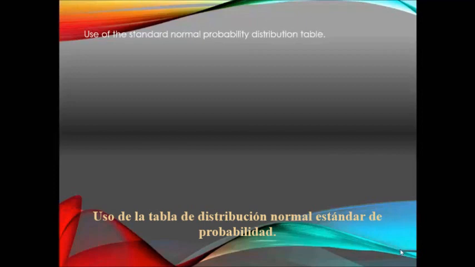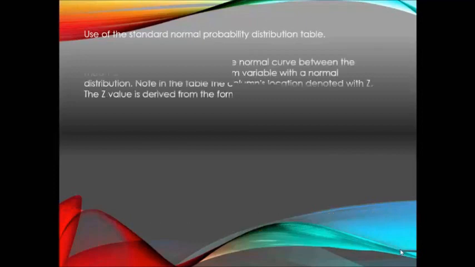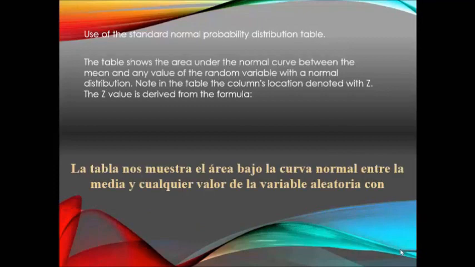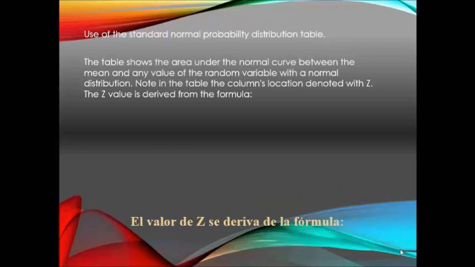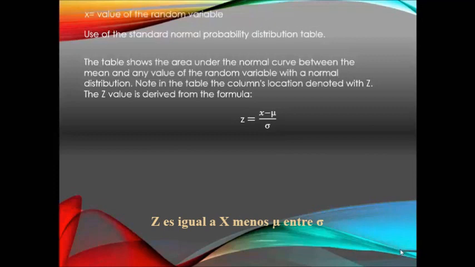Use of the standard normal probability distribution table. We can show the area under the normal curve between the mean and any value of the random variable with a normal distribution. Note, in the table, the column's location denotes values derived from the formula: Z is equal to X minus mu, divided by sigma.